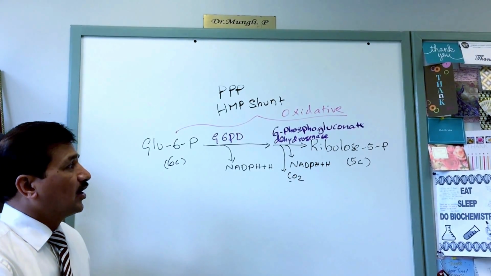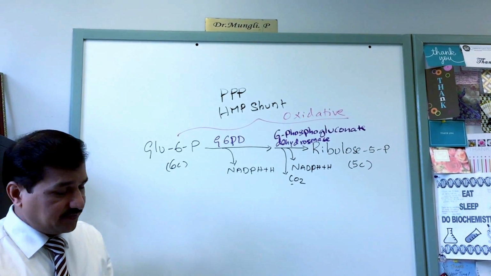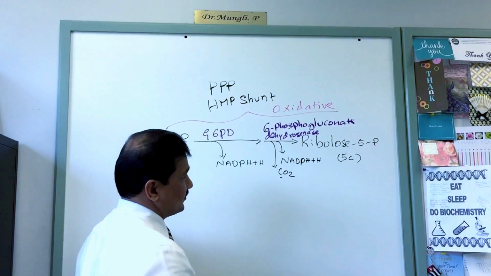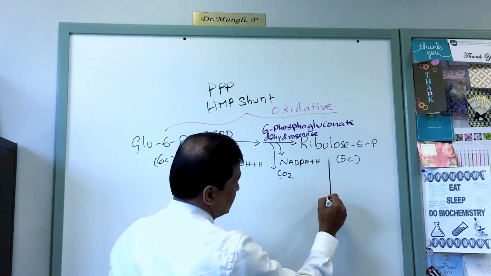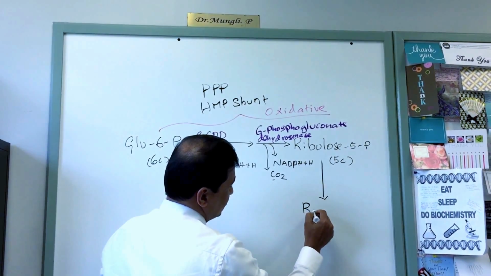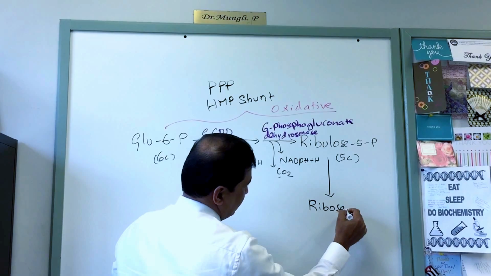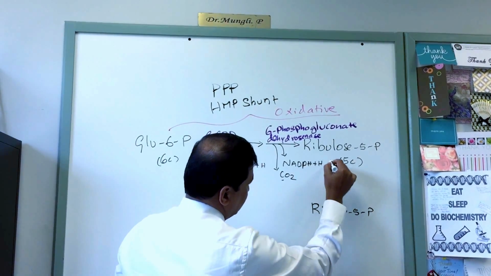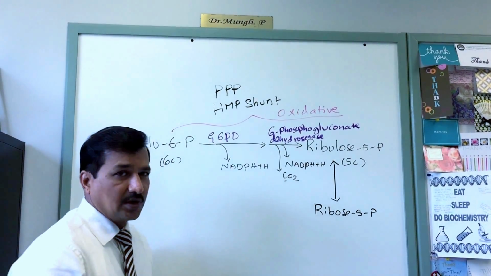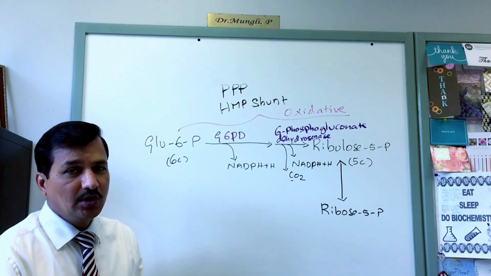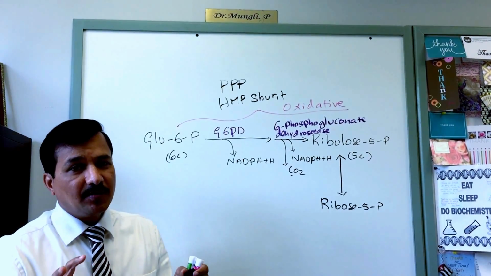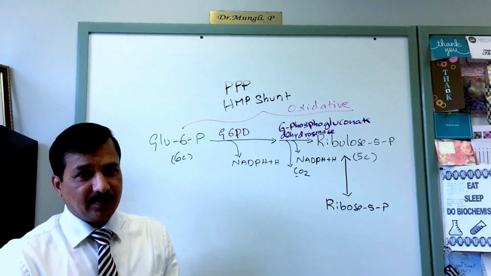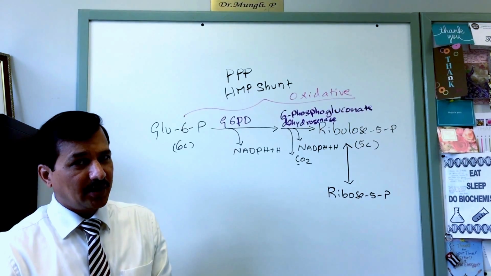Now let's see what happens to the ribulose 5-phosphate. The ribulose 5-phosphate, by an isomerase enzyme, will be converted to ribose 5-phosphate, and this is a reversible reaction. The enzyme name is not really important here.